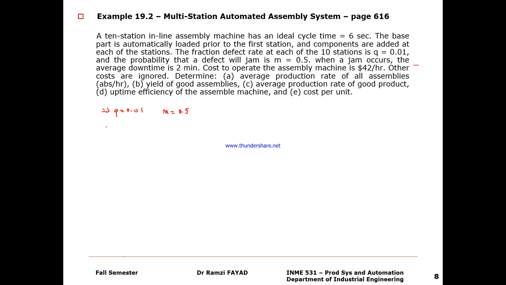We have TC, the cycle time, equals 6 seconds, which is exactly 0.1 minute.